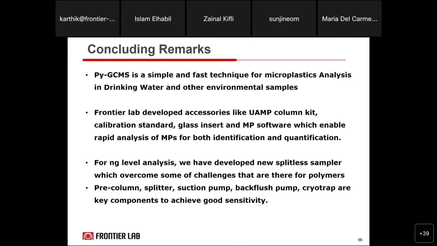For nanogram level analysis, we have developed a new splitless sampler, which overcomes some of the challenges for polymer analysis. The pre-column splitter, suction pump, backflush, and cryotrap are key components to achieve good sensitivity through this splitless Py-GCMS analysis.